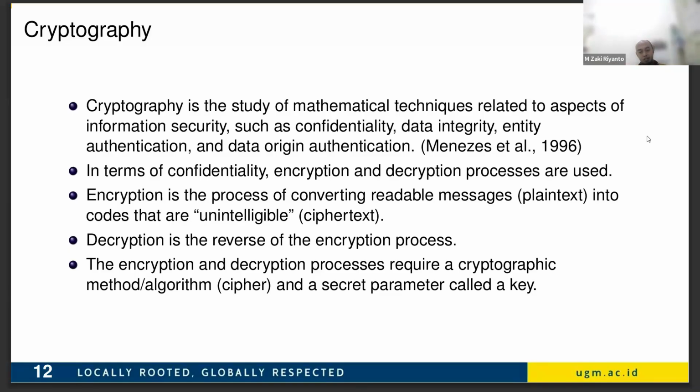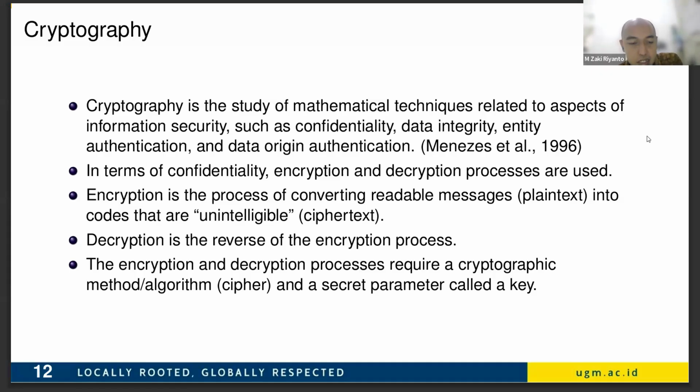What is encryption? Encryption is the process of converting a readable or meaningful message, or plain text, into a scrambled message or a code that is unintelligible, which we call the ciphertext.